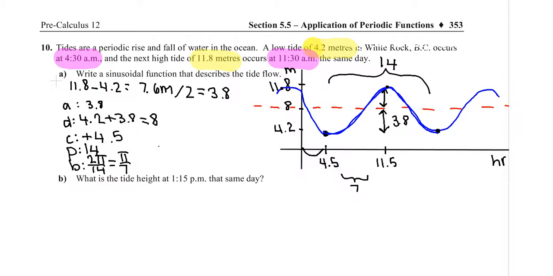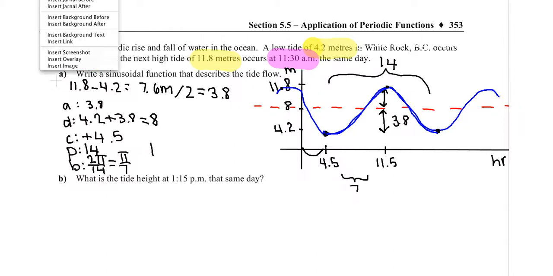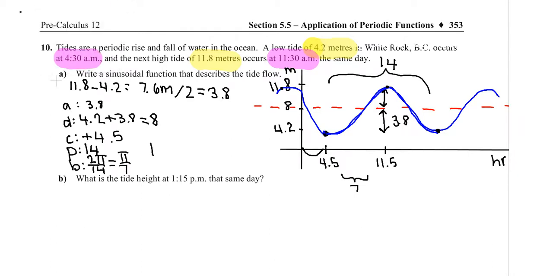Instead of writing y, I'm going to write h, which represents height. So h, here I'll do it in a different color. Okay, h is equal to negative, because we see this as a negative cosine graph because positive would start up here. Negative our amplitude, 3.8 cos.